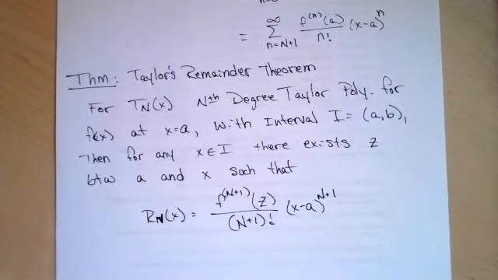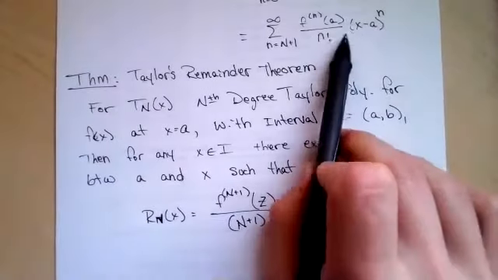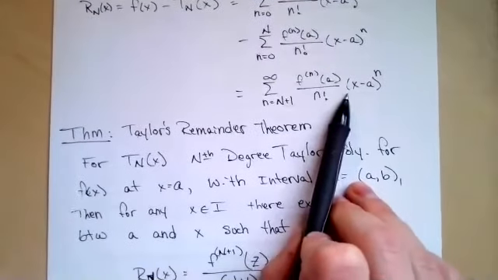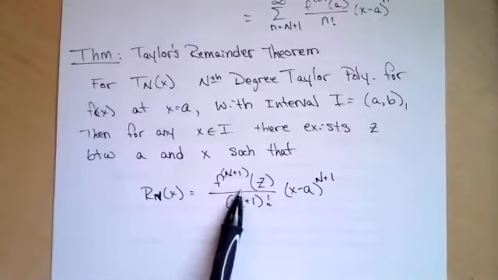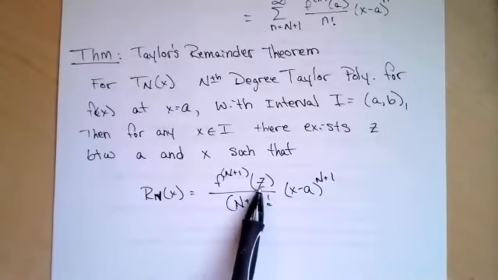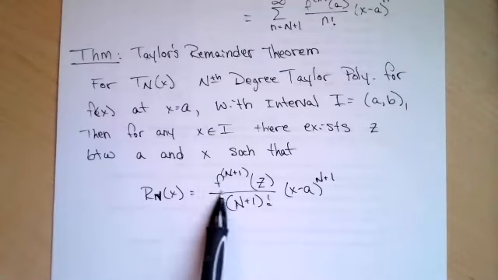So our nth remainder is going to be related to the n plus first term of the Taylor series, except the only difference is we are really going to be looking for a bound, a special z value that will maximize the n plus first derivative.